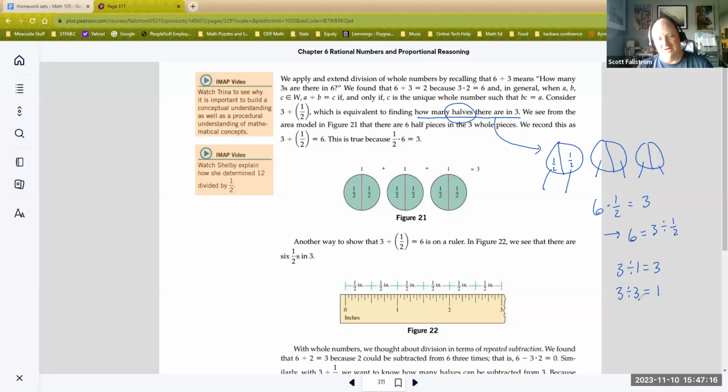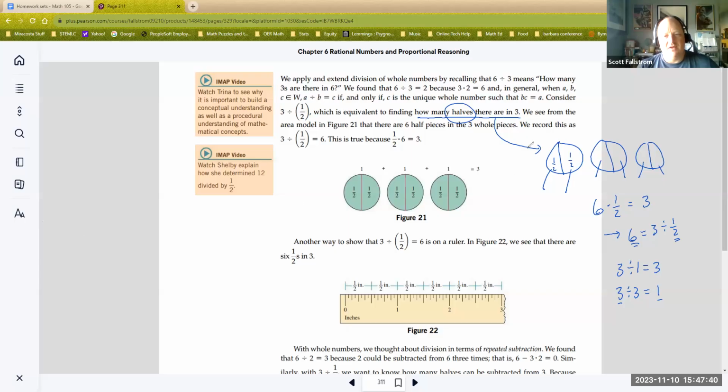So dividing by something bigger than 1, if you compare what you started with and what you end with, looks like it goes smaller. Once you divide by 1, it looks like it's equal. And when you divide by something that is smaller than what you started with, the result ends up being bigger. So again, it's all compared to 1. The number 1 is really that kind of magical piece.